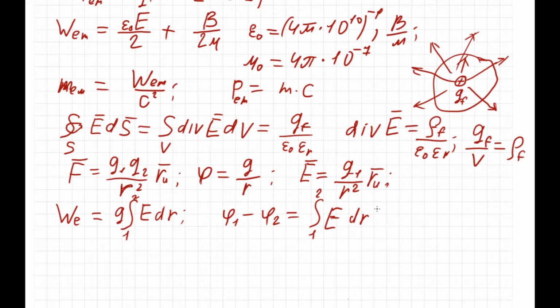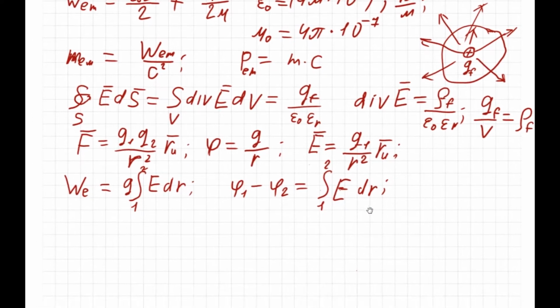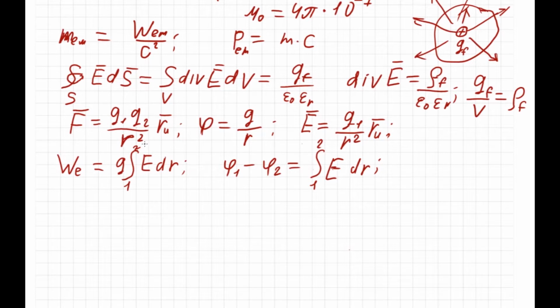Another formula for electric field is: electric field as vector equals minus gradient phi, or equals minus nabla operator phi, of course.